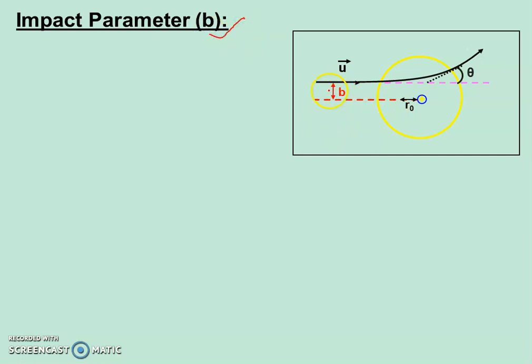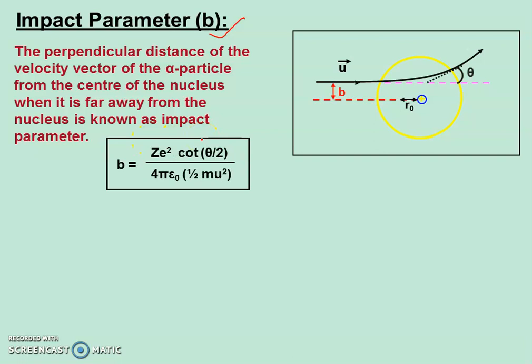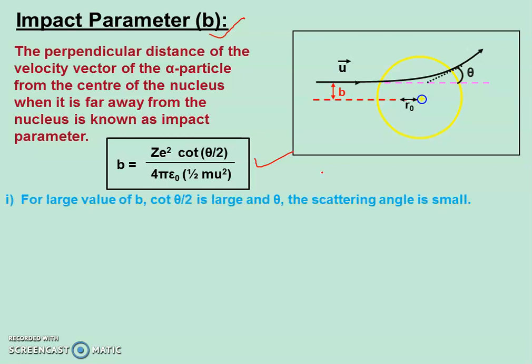It is the perpendicular distance of the velocity vector of the alpha particle from the center of the nucleus when it is far away from the nucleus. This impact parameter has the equation b = Ze square cot theta by 2, over 4 pi epsilon naught times half mv square.